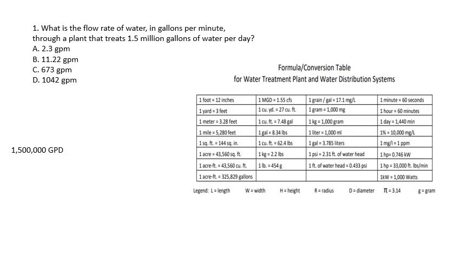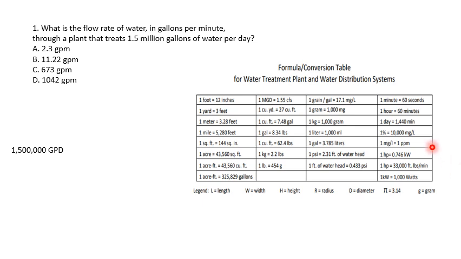I don't know about your state, but the state of Florida gives you conversion sheets. I suggest that you use the formula sheets while you practice, get familiar with them. So again, the question was asking for gallons per minute. We have 1,500,000 gallons per day.